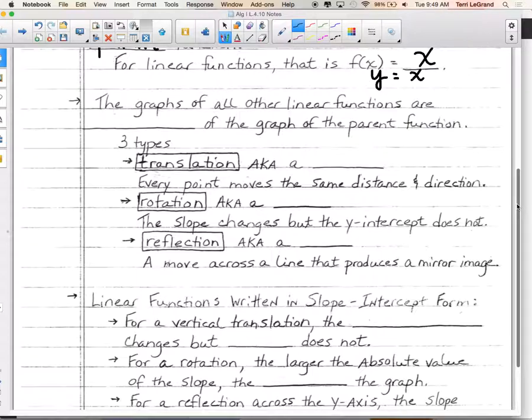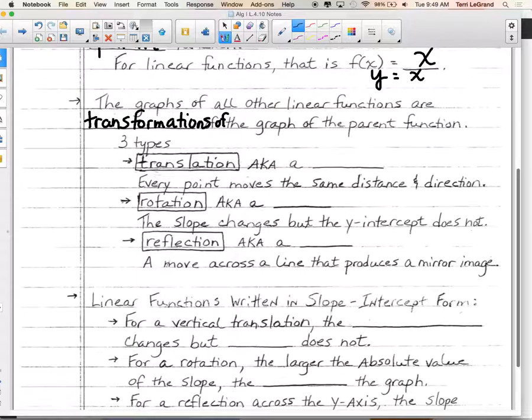The graphs of all other linear functions are transformations of the graph of the parent function.